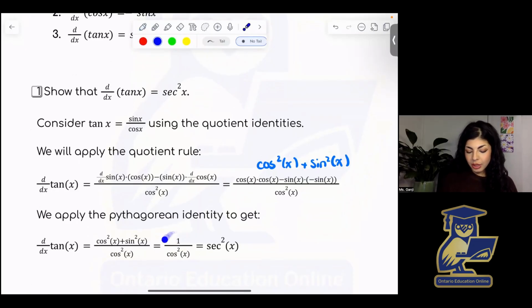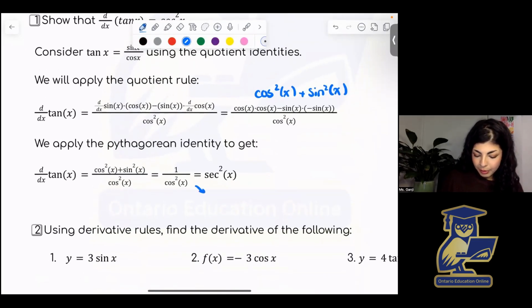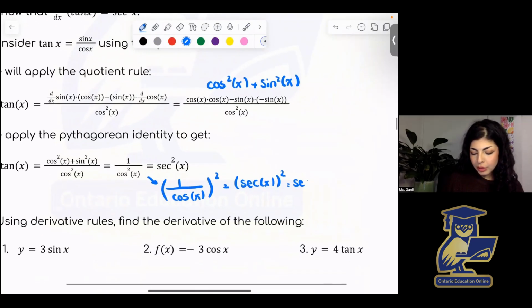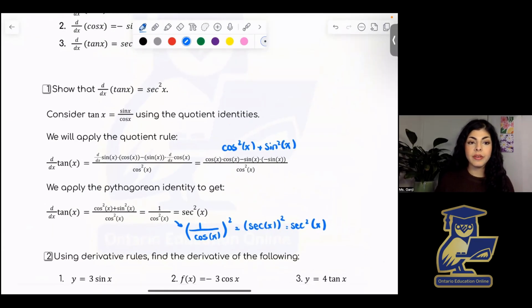So this is actually equal to, and I can write it this way perhaps, 1 over cosine of x squared. But this is just secant of x squared. And as you know with trig functions, the notation for that is just secant squared of x. And that's exactly what we wanted. So we just showed that the derivative of the tangent is actually equal to secant squared of x.